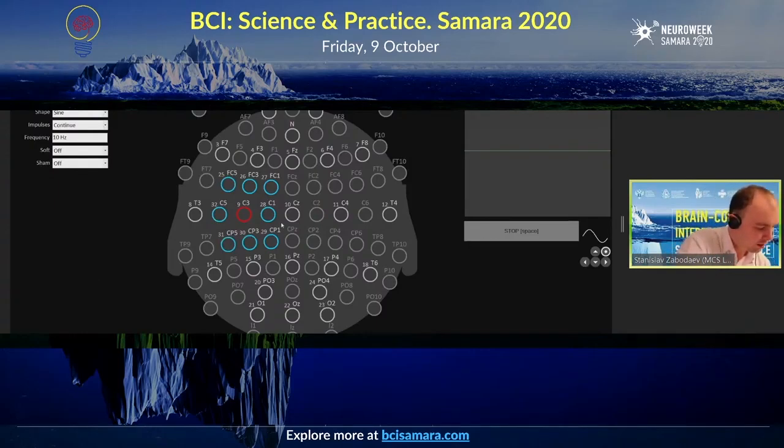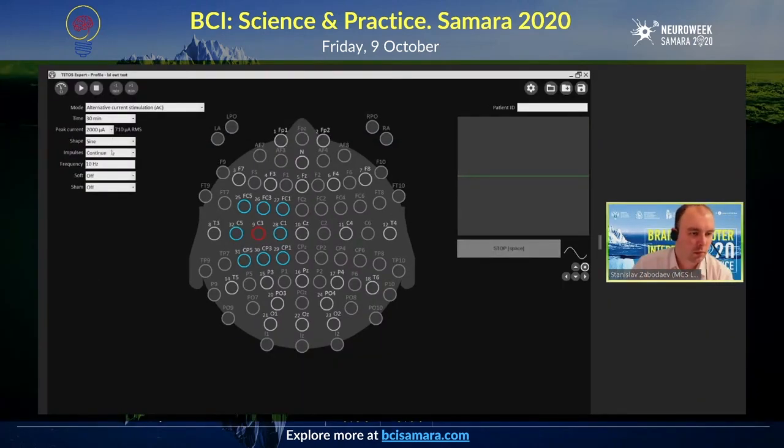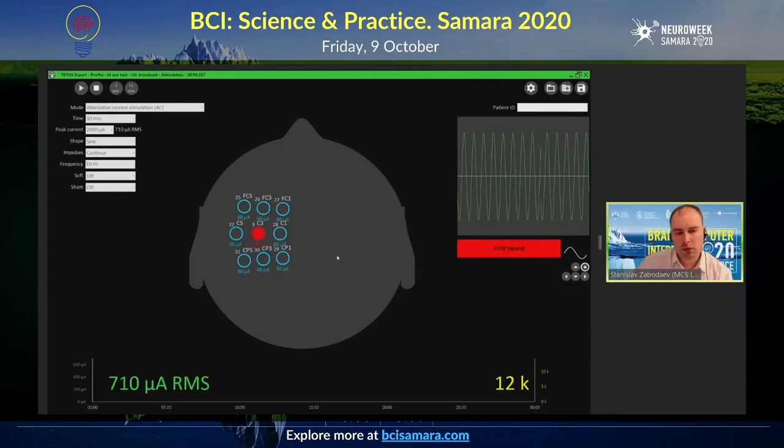And let me make some changes in our adjustments to show you how it works during the stimulation. You can keep the mode as is, and this is HD tACS, not DC, but alternating current.